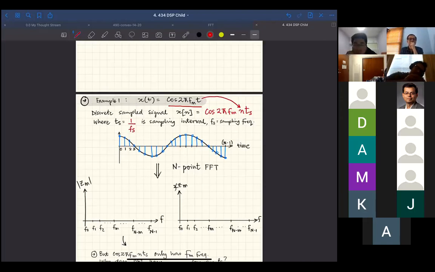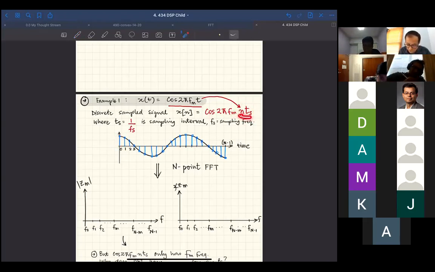Tell me if this makes sense. I'm going to sample at different points, and at different points, my value of x[n] should be cos 2 pi Fm n Ts. When n is 0, that is cos 0, which is this value.